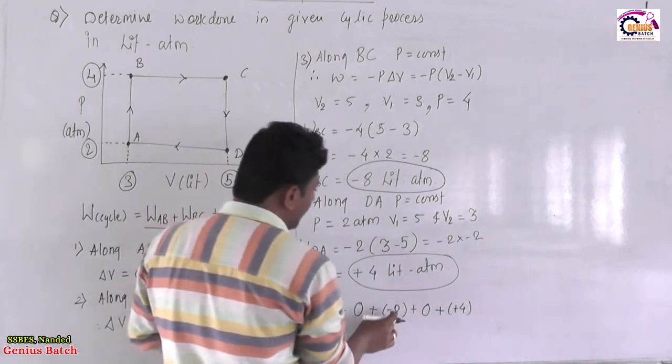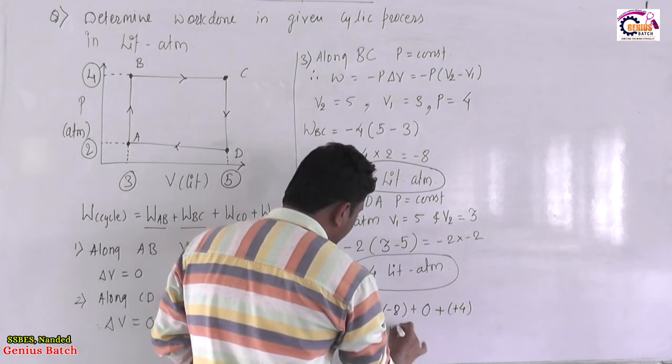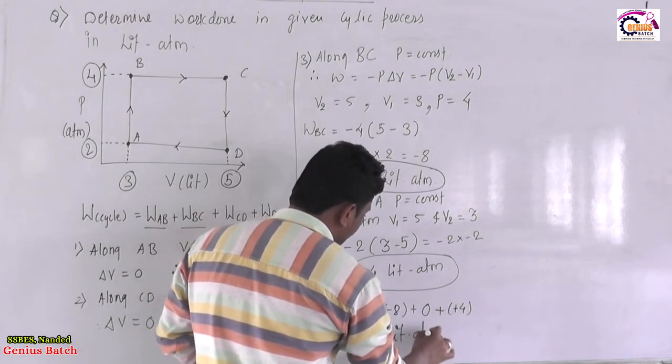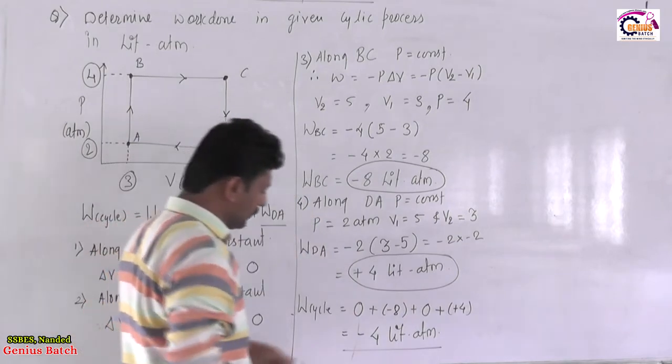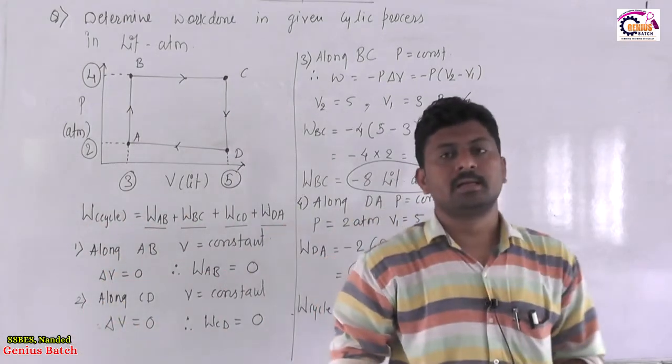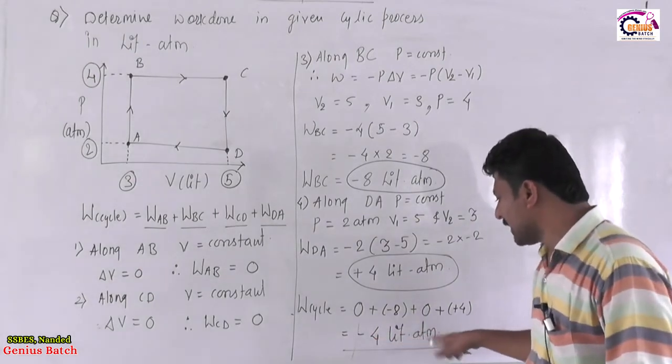Taking the summation, minus 8 plus 4, it becomes minus 4 liter atmosphere. So for this given cyclic process, work done is minus 4 liter atmosphere.